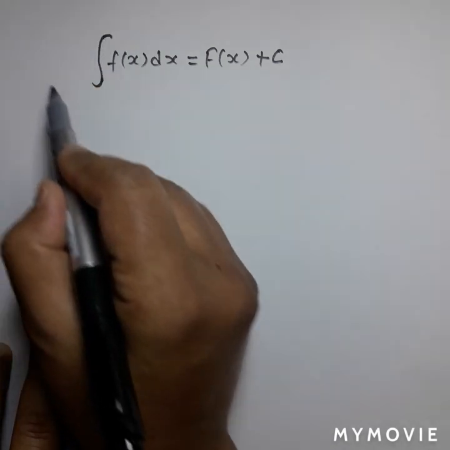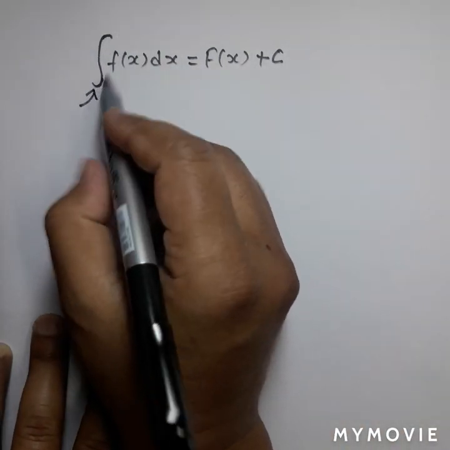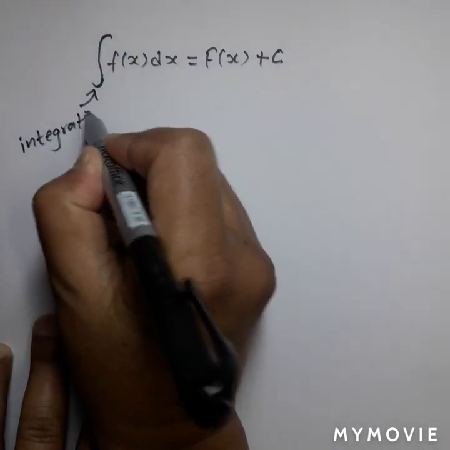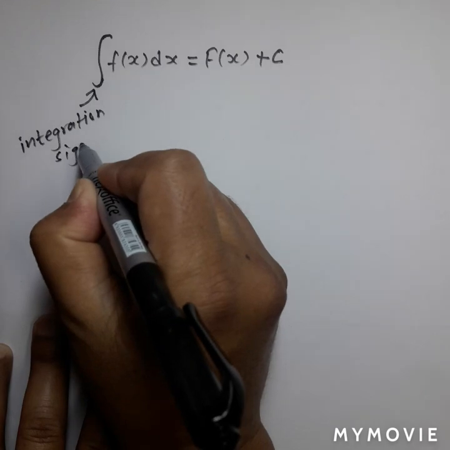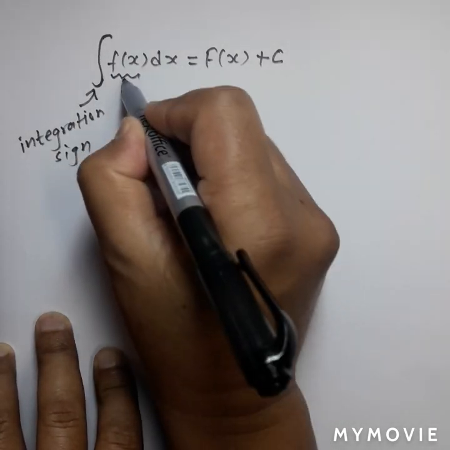Okay, here we got this type of structure. So in this structure, this notation is called integration sign. And here this f(x) is called integrand.